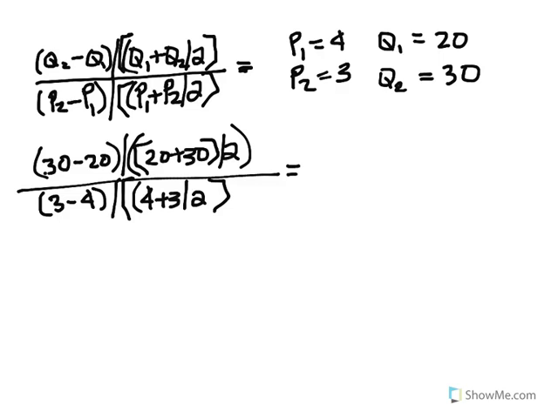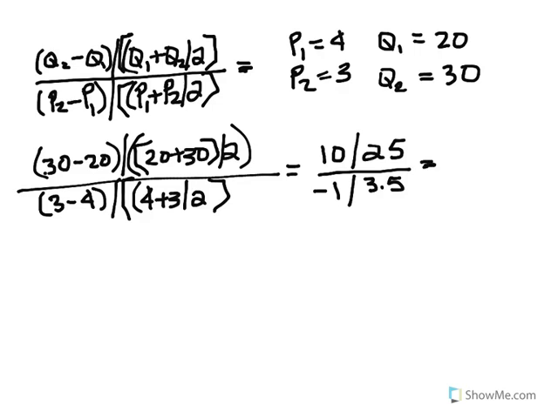So 30 minus 20 is 10, divided by 20 plus 30 is 50, and 50 divided by 2 is 25. So our numerator so far is 10 divided by 25. And then we do 3 minus 4 is negative 1, divided by 4 plus 3 is 7. 7 divided by 2 is 3.5.